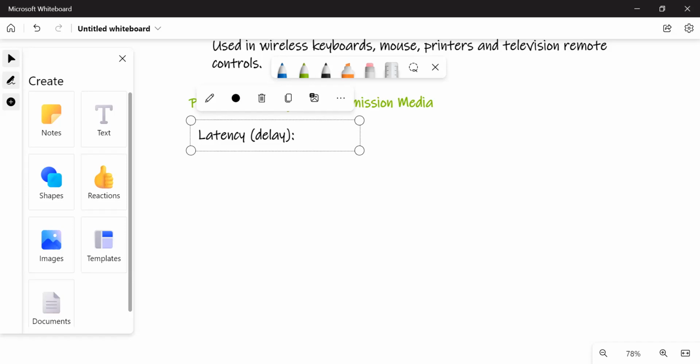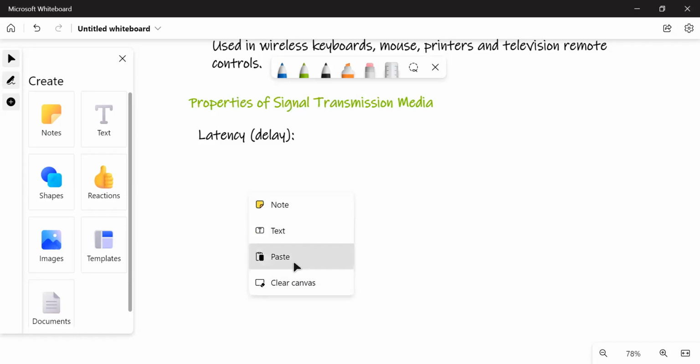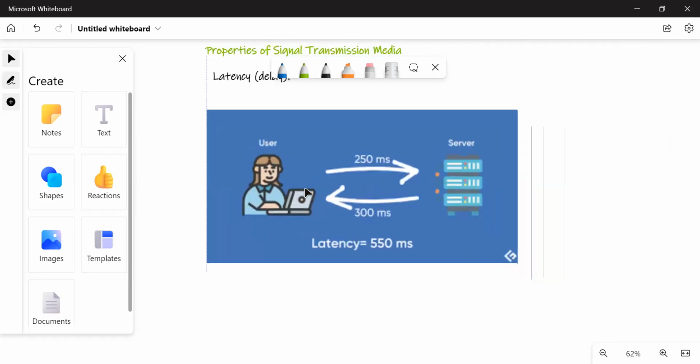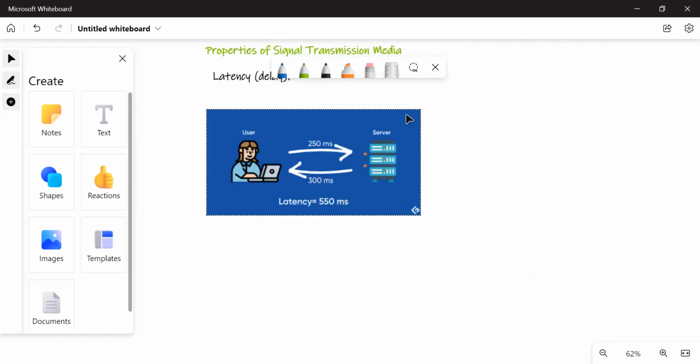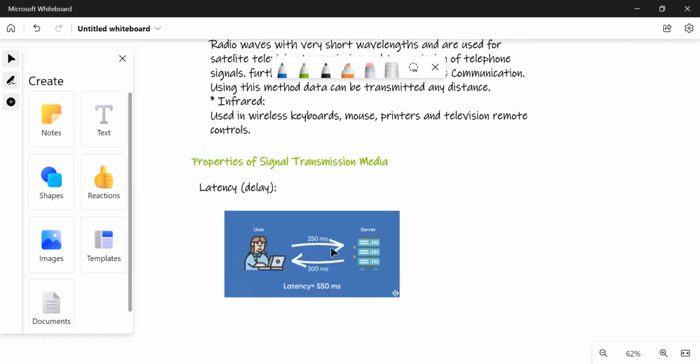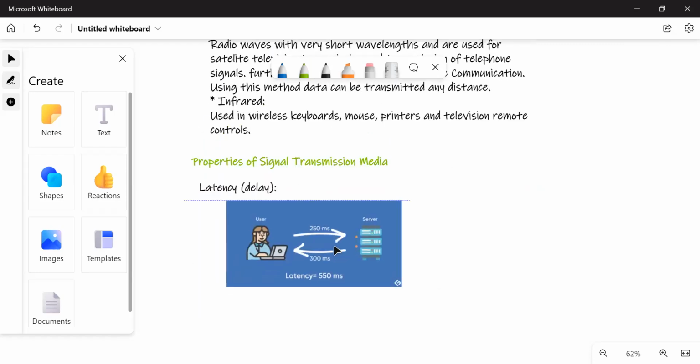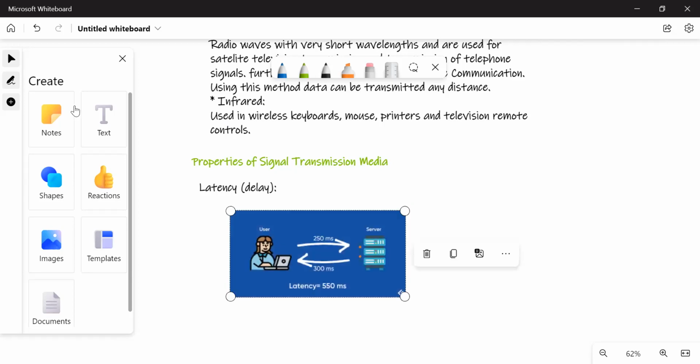So the travel time from our computer to the server and coming back, we call latency. Right, now let me show you an image for this. So this is one example. You don't have to draw this, but it is just to show you what latency means.